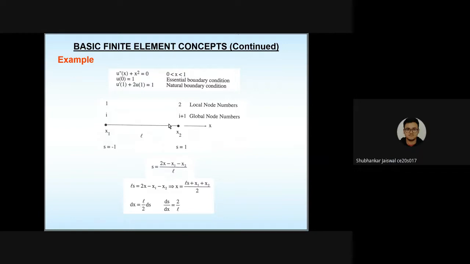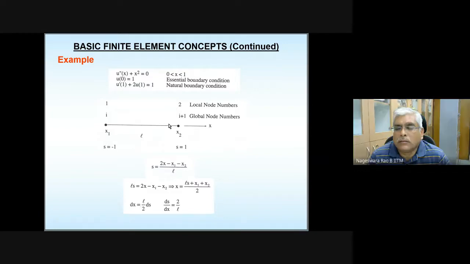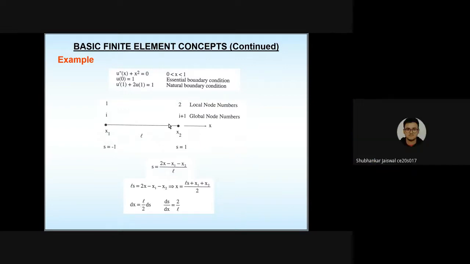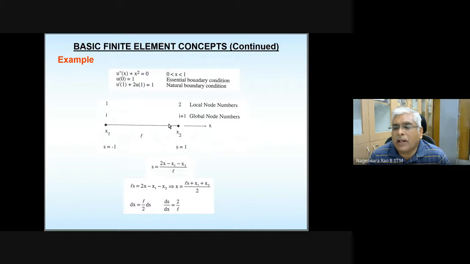But sir, in the question it is written x from 0 to 1. What x from 0 to 1? Why are you confused? Why are you bringing all that? You focus on this portion. I'm talking about global coordinate system, local coordinate system, mapping, and you are talking about this one. You first focus on this.